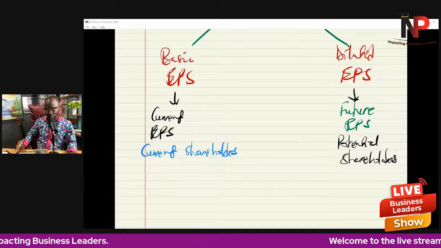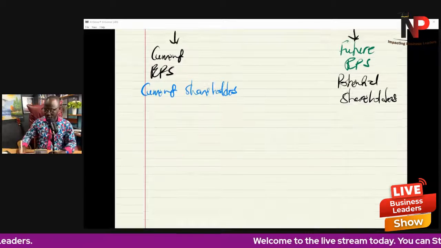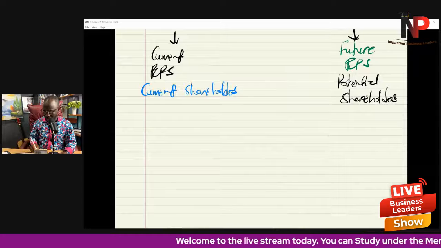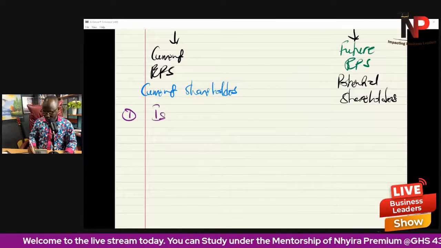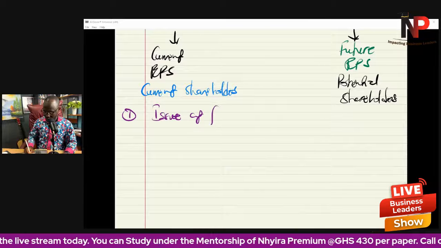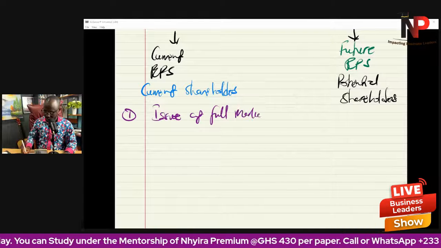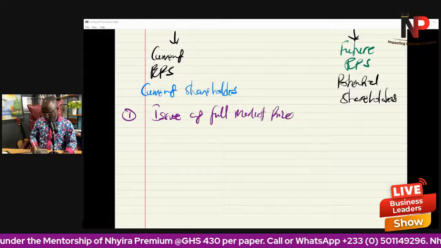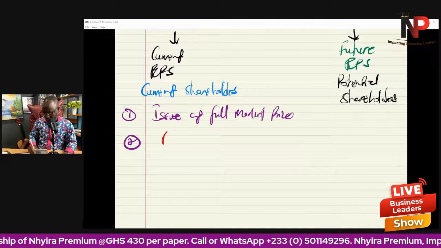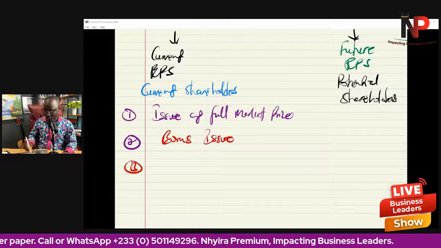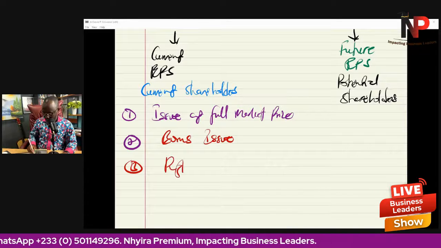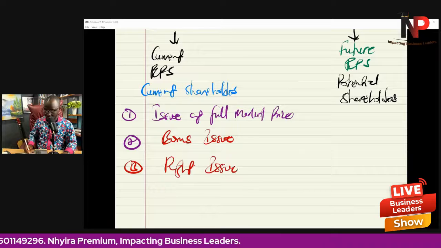It is for this reason that there are three sub-scenarios under the basic earnings per share we must know about, and that is issue at full market price, bonus issue, and then rights issues. Very, very important.